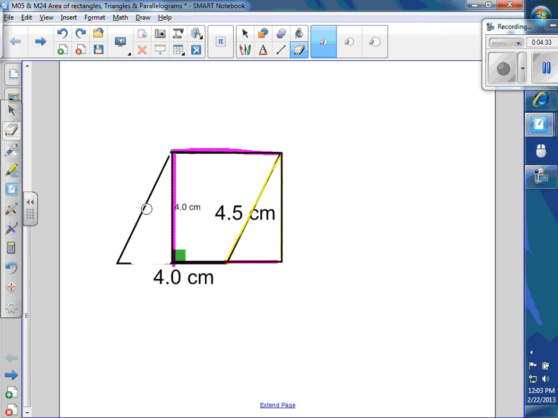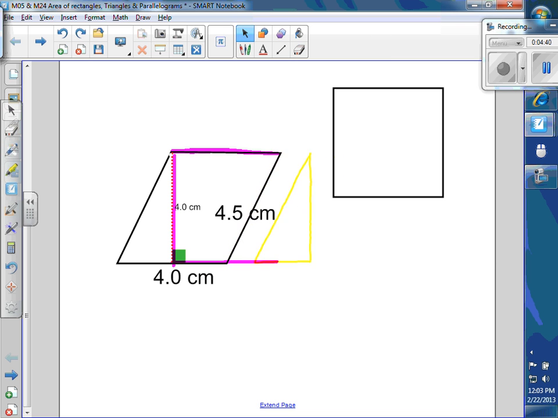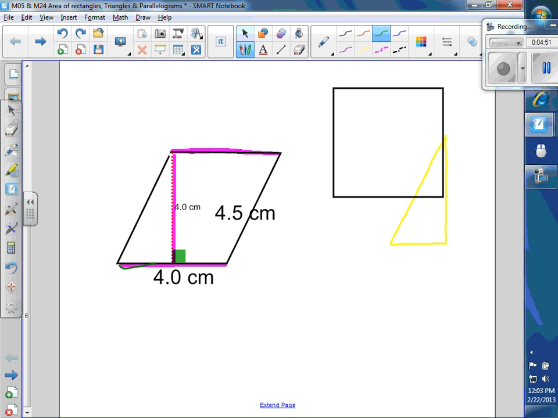But if we go back to the original shape and look just at the parallelogram, this base is the distance 4 units. So the height is the line or the segment that makes the square angle with the base. In other words, the height is how far apart the bases are. So in this case, the height is also 4 units.